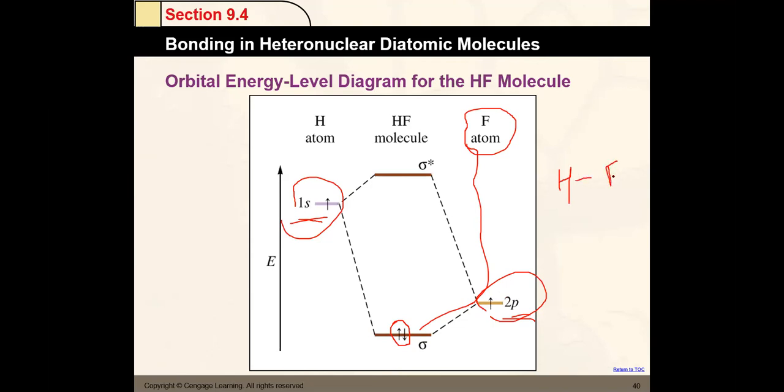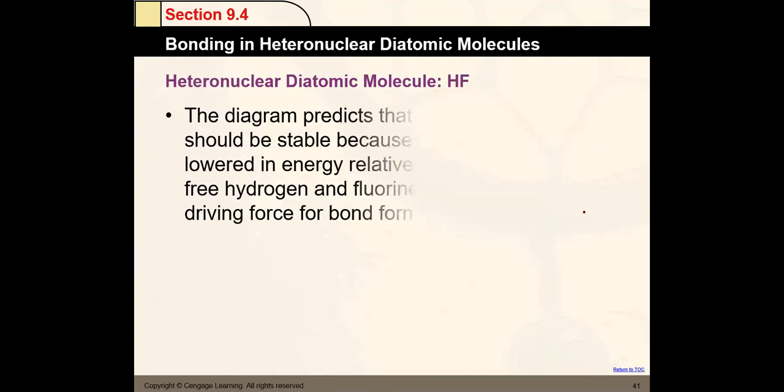Fluorine is more electronegative than hydrogen, right? There is a polarity there. So the MO also explains the polarity of a bond. If a particular pair of electrons is closer to a particular atom of that bond, definitely that's the one that's going to be more electronegative, or it's going to be closer in energy to that, right?